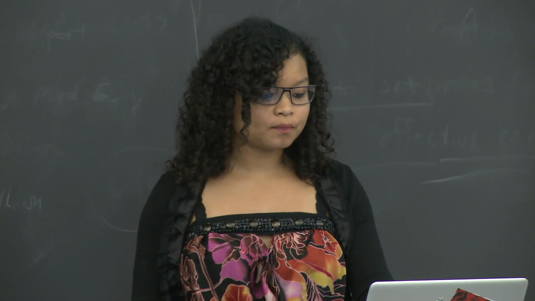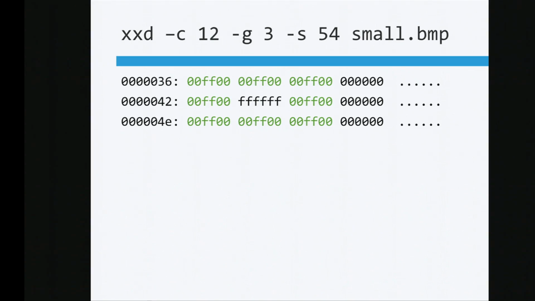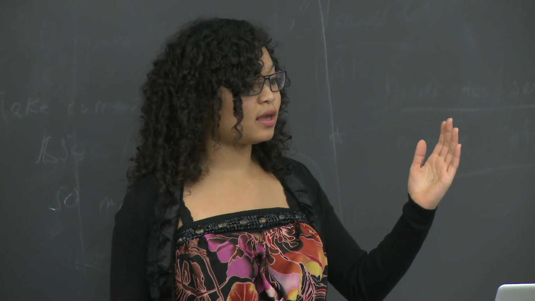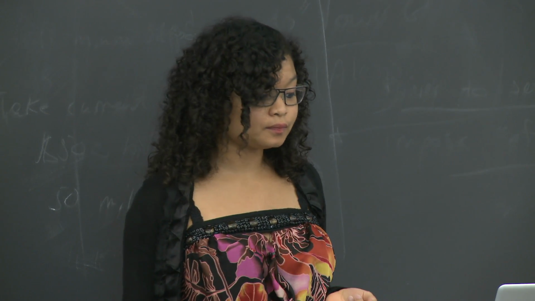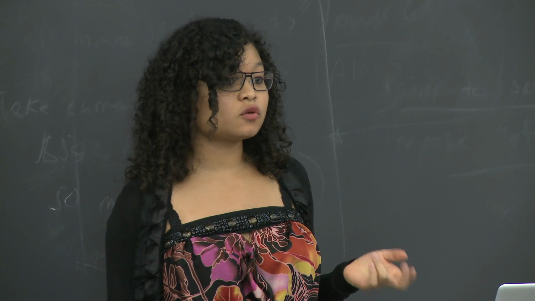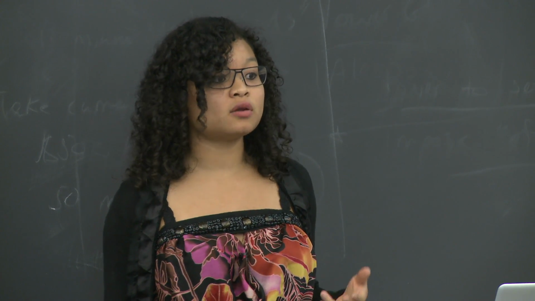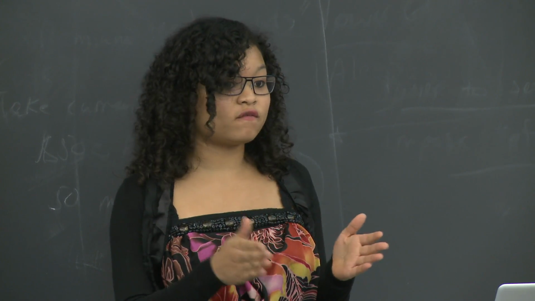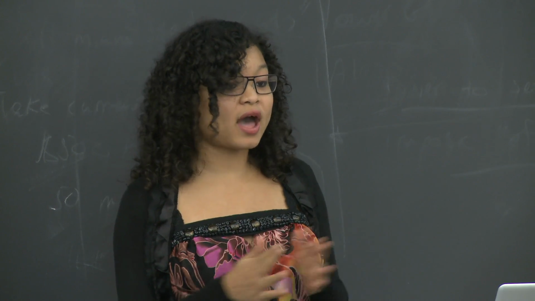So if you see here, it kind of looks like a green box. This small thing. I've color coded the 00FF00 as saying no blue, a lot of green, and no red. So that corresponds to green. So here we see a green rectangle. Now this green rectangle is only 3 pixels wide. So what we have to do to make sure that the image is a multiple of 4 wide is add in extra padding.